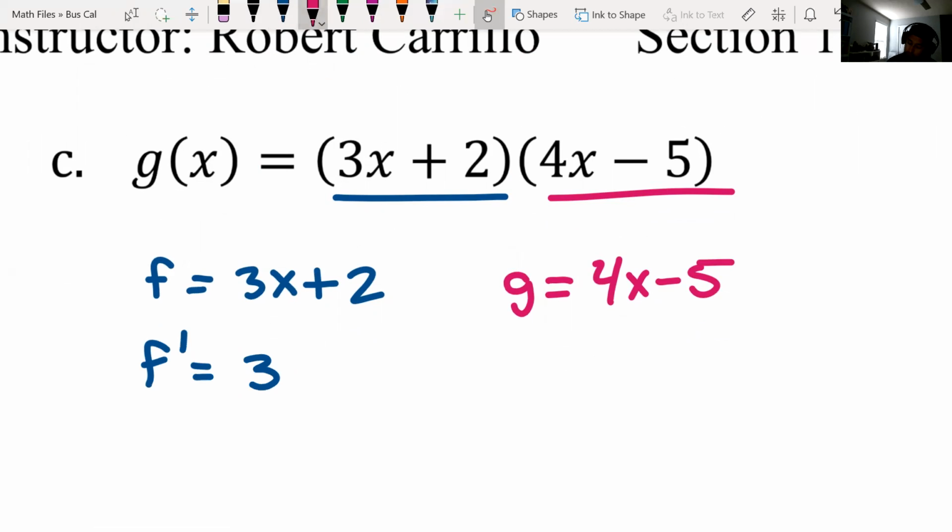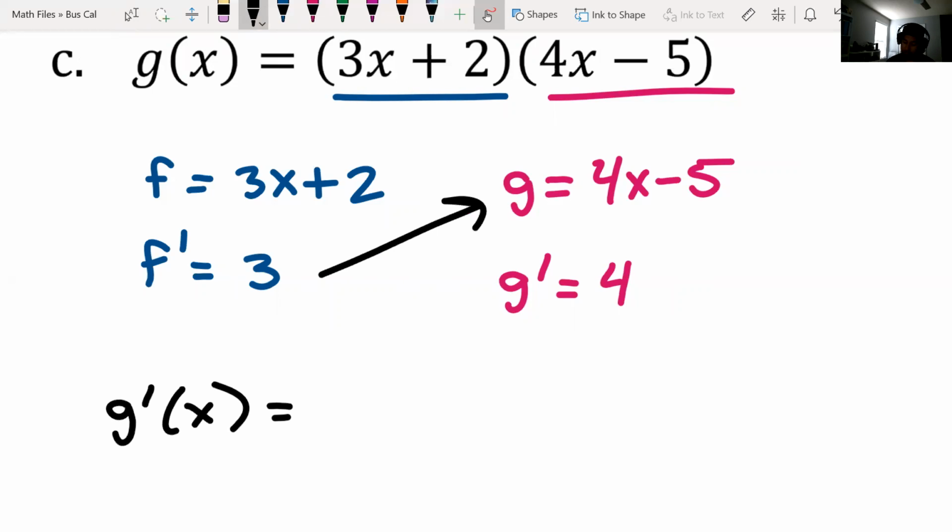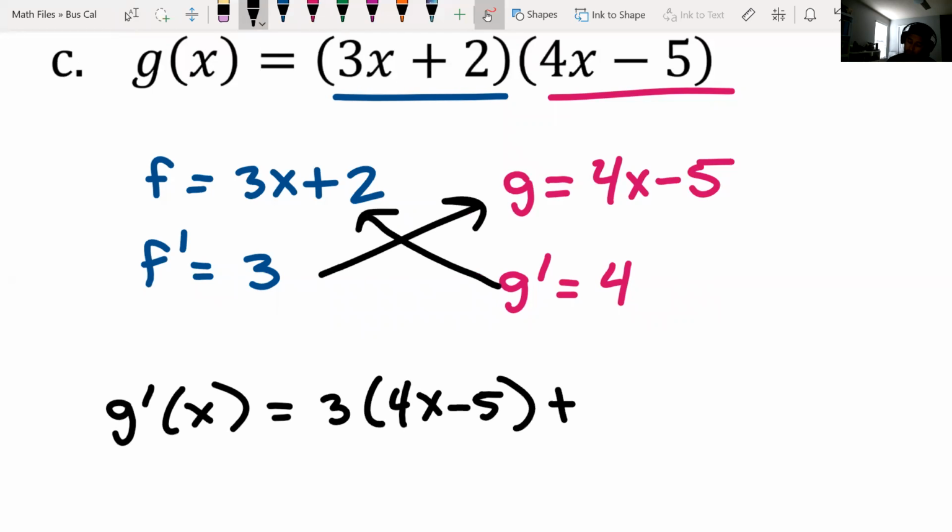Take the derivative of g. And the derivative is done. Follow the product rule. We're taking the derivative of g of x, so I'll start with g prime of x. And again, follow the product rule. f prime times g, 3 times 4x minus 5, plus g prime times f, 4 times 3x plus 2.